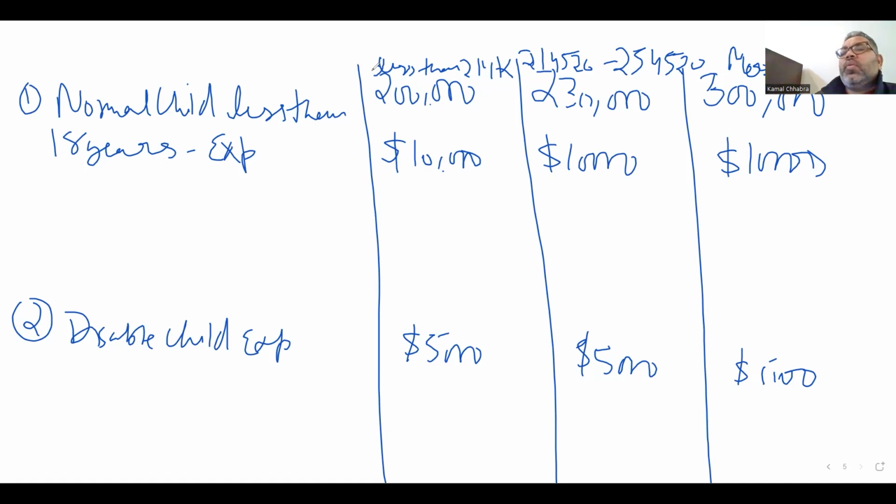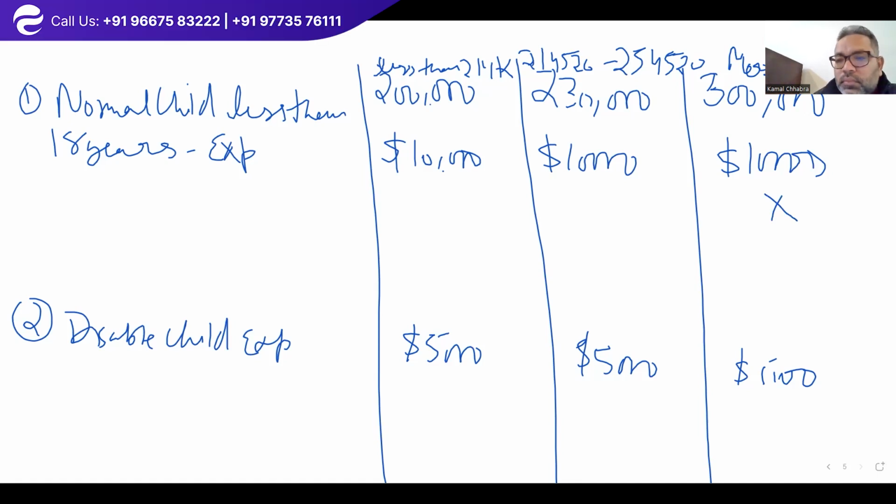If your AGI is more than 254K, then nothing is allowed, right? If income is more than $254,000, then nothing is allowed. And if income is less than $214,000, then the entire amount is allowed.